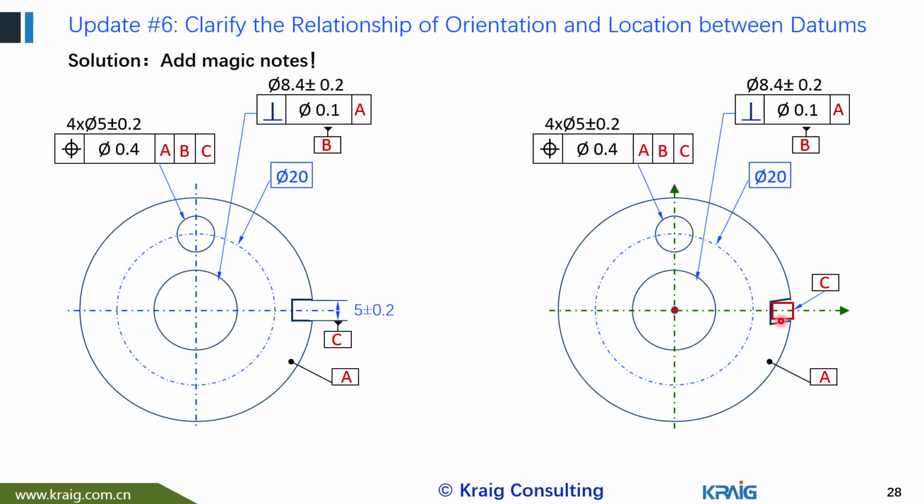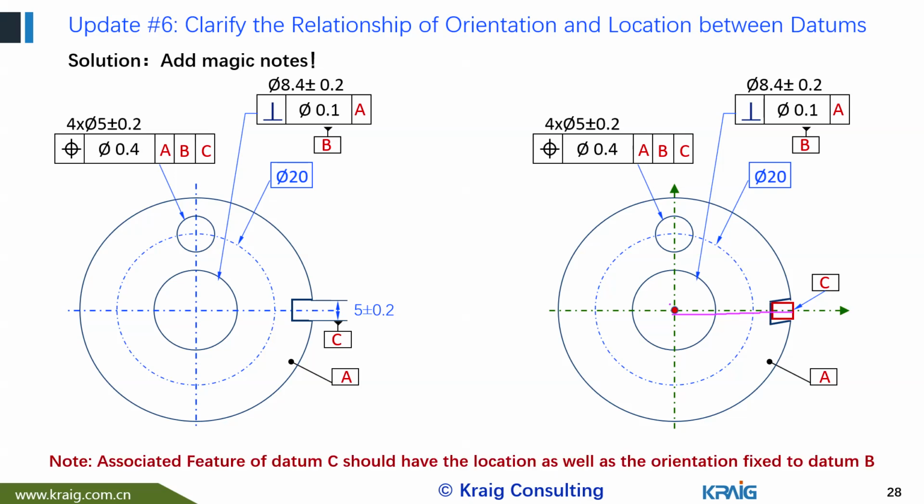Again, you need to add special notes here, and these special notes tell you datum C is supposed to have the location as well as the orientation fixed to datum B. It also helps a lot for the inspector to understand your requirements, because based on different requirements, the inspector will use a different way to establish the coordinate system.